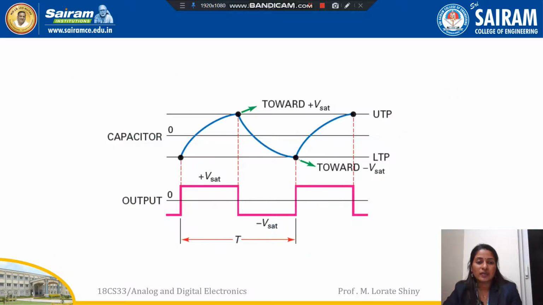So the capacitor voltage switches between the upper threshold voltage and the lower threshold voltage. Because of that, we are getting plus Vsat and minus Vsat. This is how the relaxation oscillator is producing a square wave.